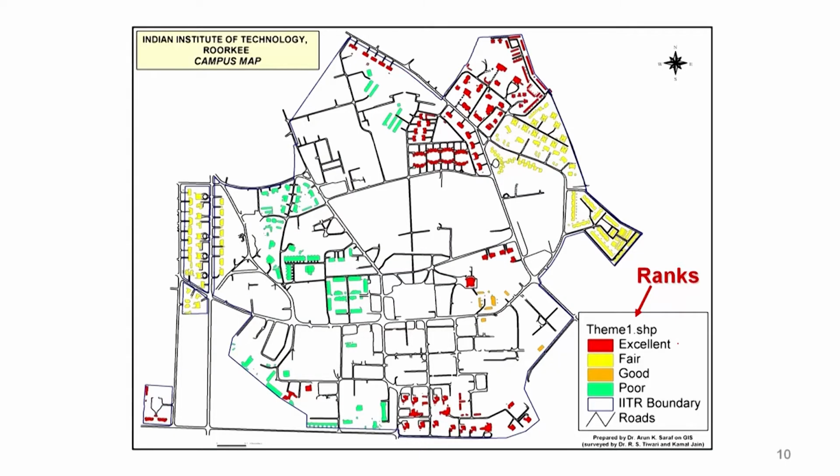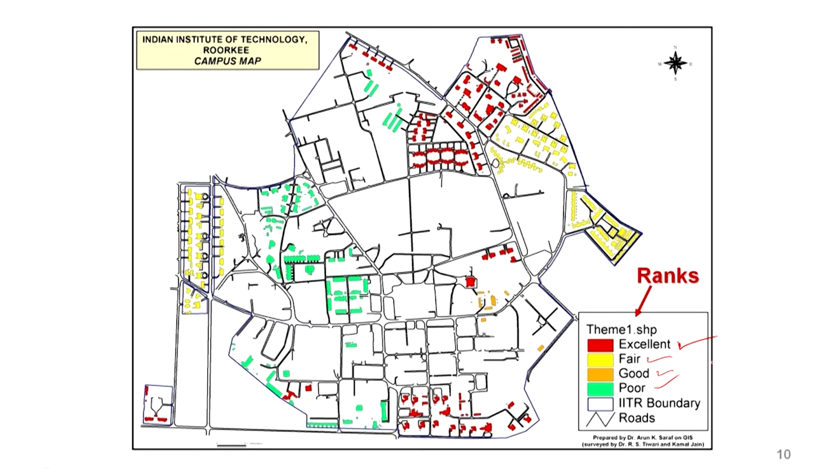Now as I said earlier, the same map I have ranked. How have I ranked it? These buildings, from a construction or condition point of view, some of them are excellent, fair, good and poor. This is just for analysis purposes. It does not represent the real picture currently.